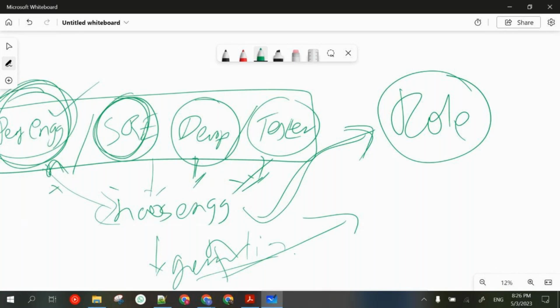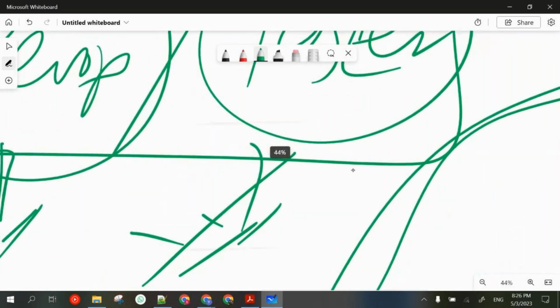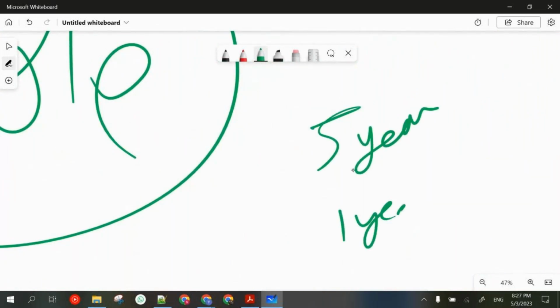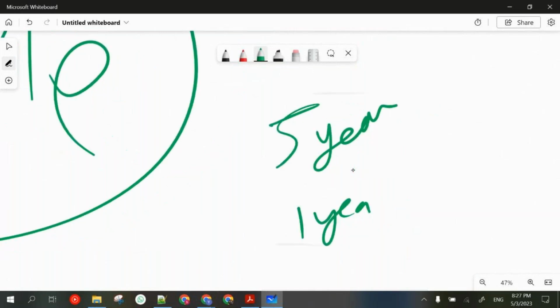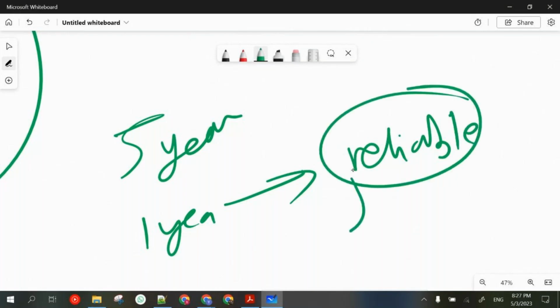There are a lot of tools because they are being created. But if you see chaos engineering on a timeline, it is just 5 years, max, since 2016, in terms of maturity. If a tool is 1 year old, how can we say that the tool we are using is reliable? We are doing reliability testing, but how will you make sure the tool we use to test is reliable?